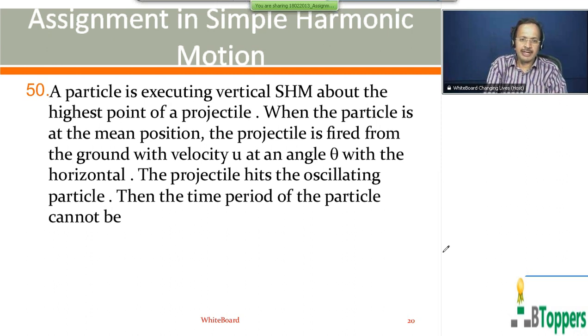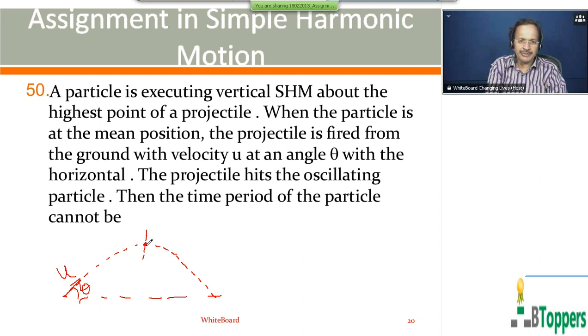So the time taken by the projectile to reach the highest point we call time of ascent. The projectile is thrown with initial speed of magnitude u at an angle theta above the horizontal, which moves along a parabolic path. So at the highest point, there is a particle which is performing simple harmonic motion in the vertical direction.